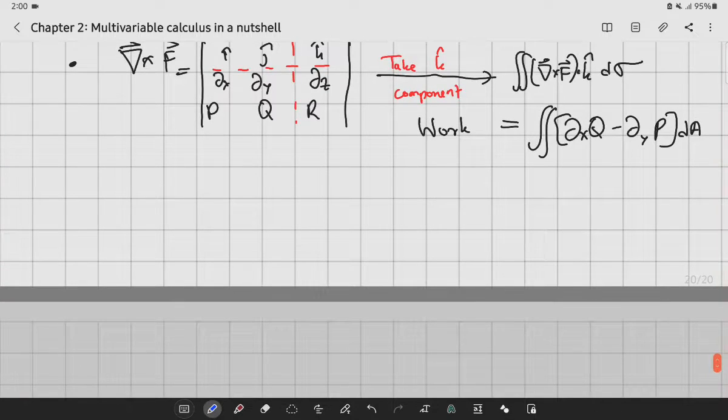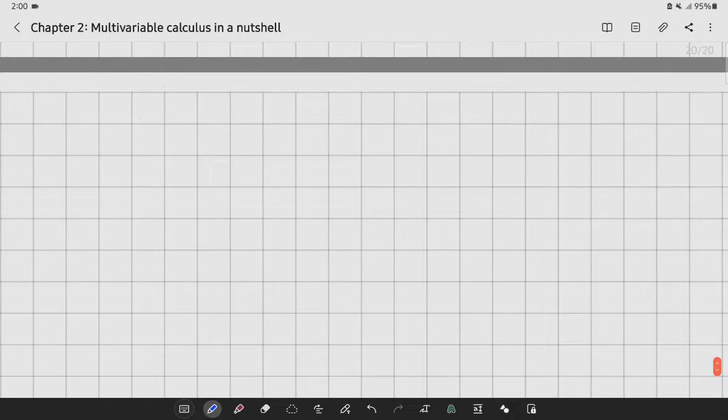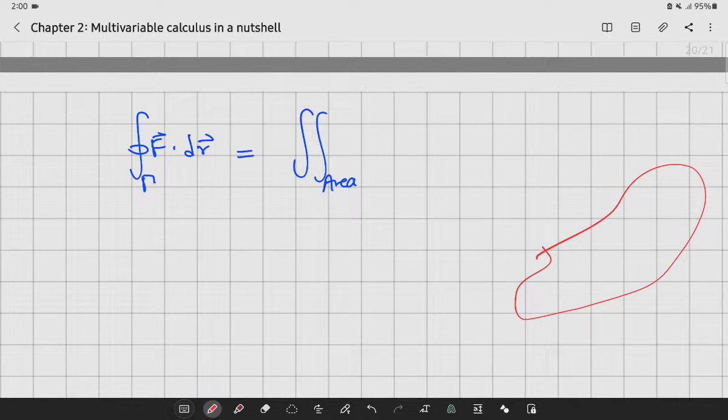I'll have the line integral of a force field over a closed loop gamma is equal to the area integral of the area enclosed by that closed loop. So you have a curve like this. Say it's going clockwise. This is gamma.